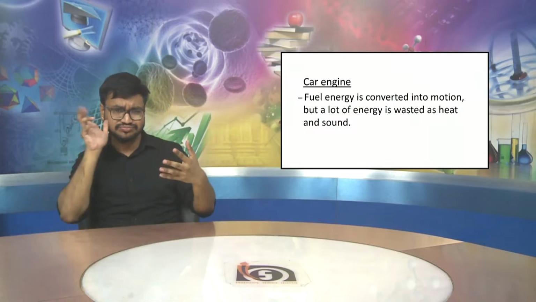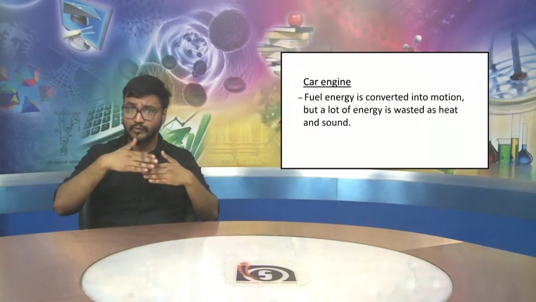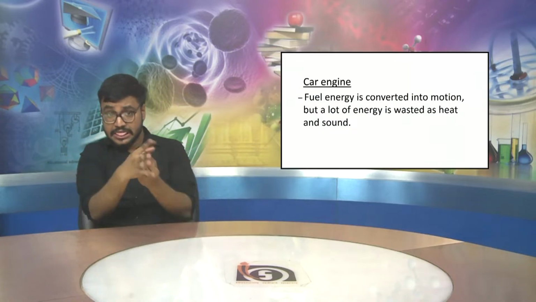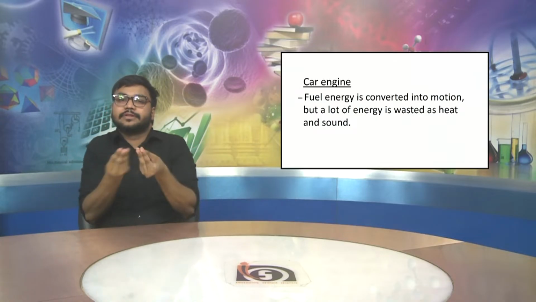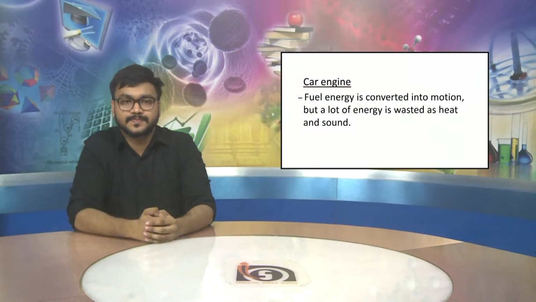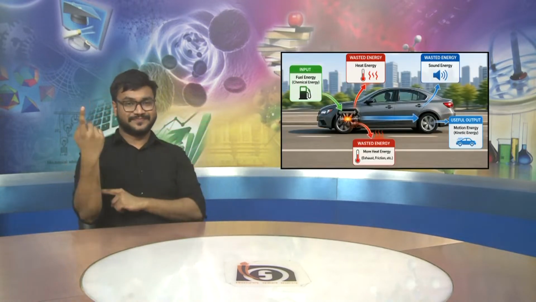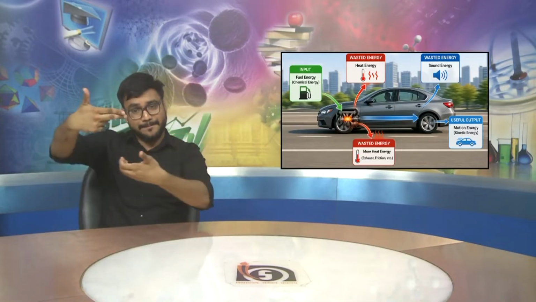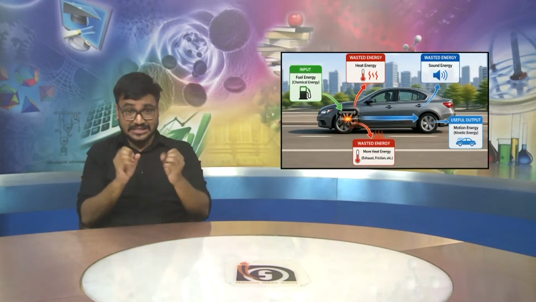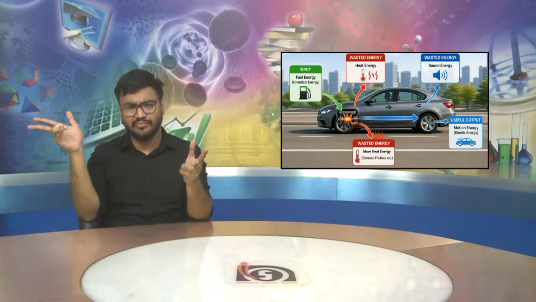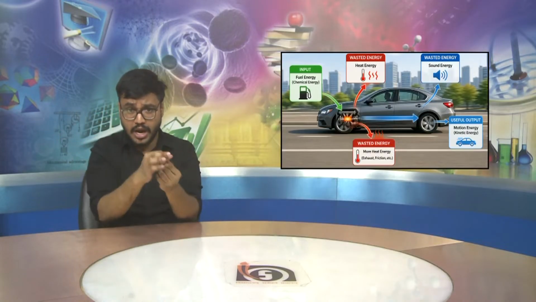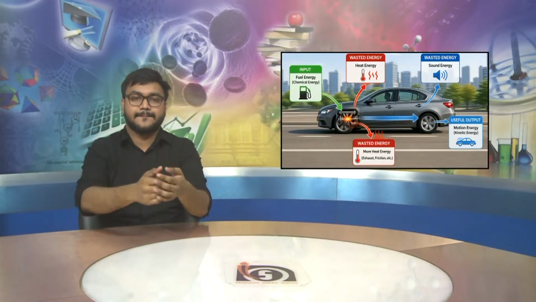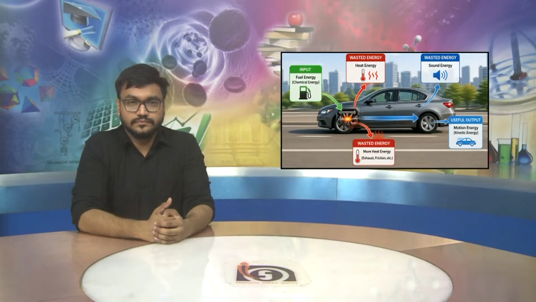Fuel energy is converted into motion, but a lot of energy is wasted as heat and sound. There is a visual representation of that example. Fuel energy is an input representing chemical energy, and heat energy and sound energy are output.